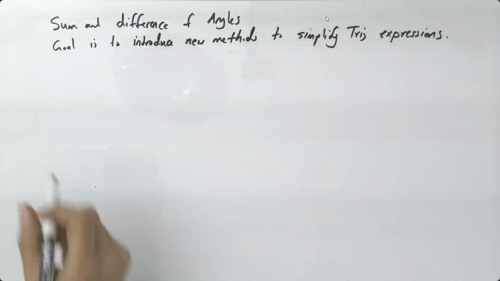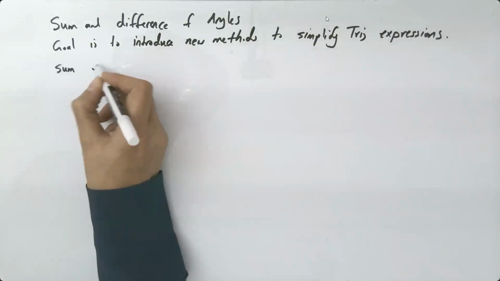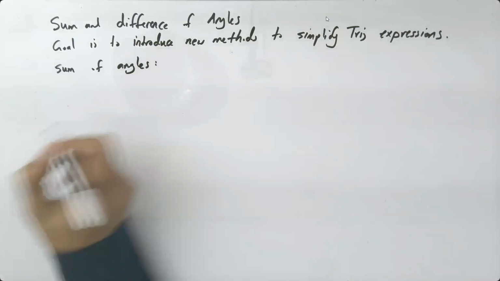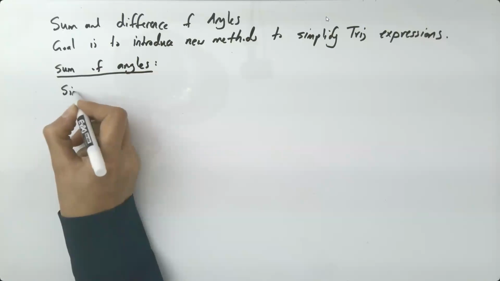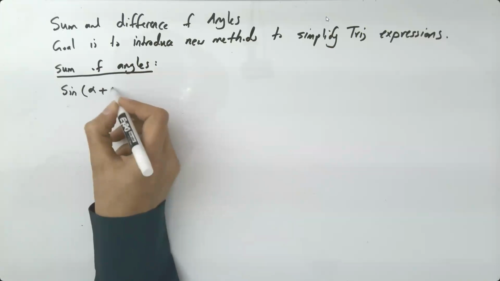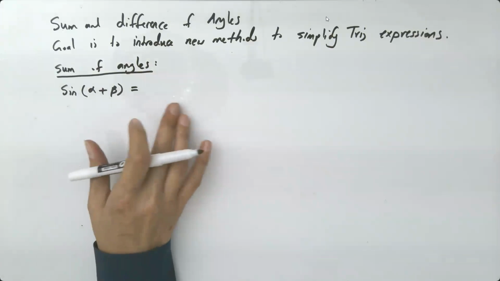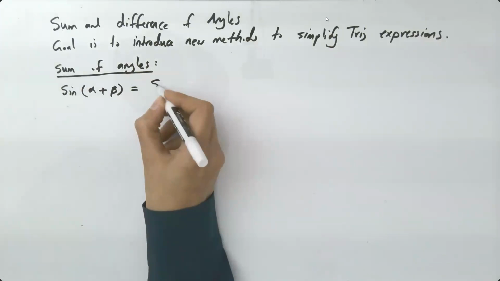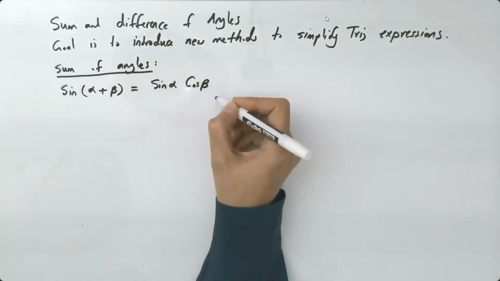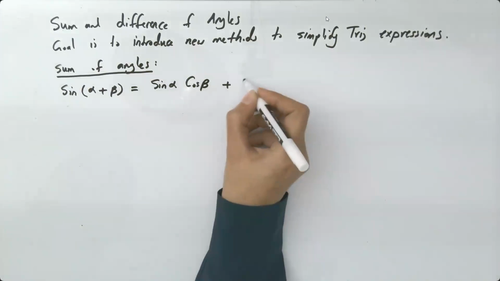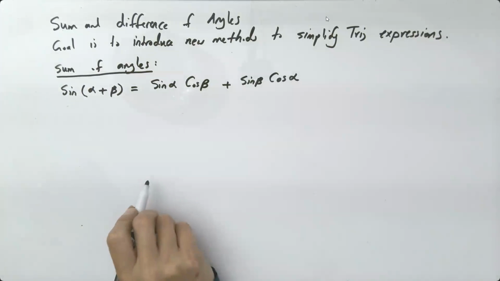The very first formula is sum of angles. Very well. So wherever we see sine of alpha plus beta, we can write this in expanded form as sine alpha times cosine beta plus sine beta times cosine alpha.